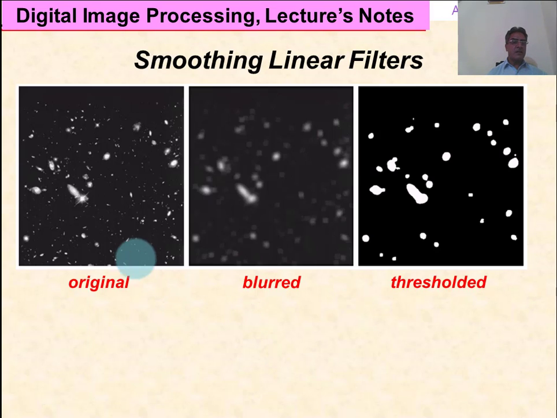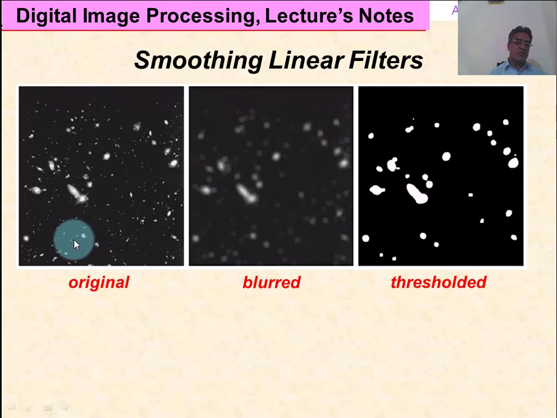Smoothing linear filter: here we are performing some operation, and here you may see small dots. These are just like noise, and we want to ignore these small dots and consider the big values here in this image of the sky.